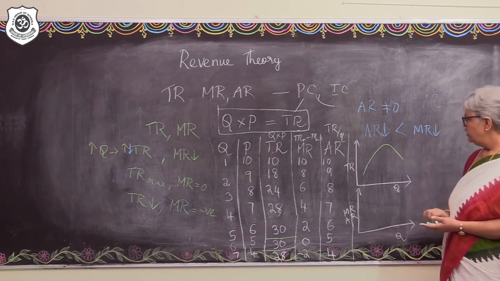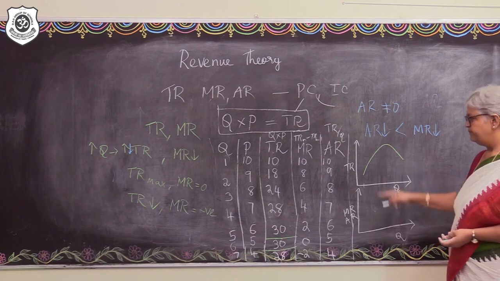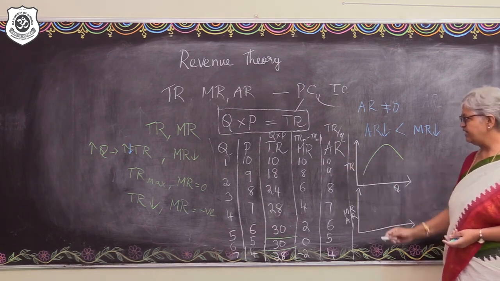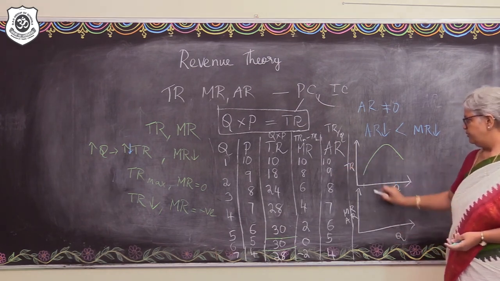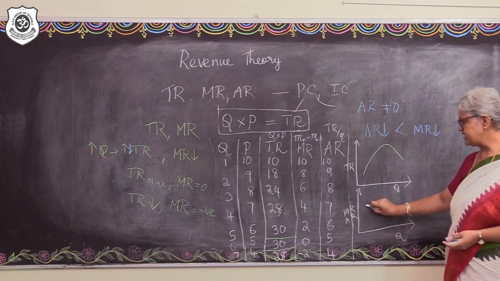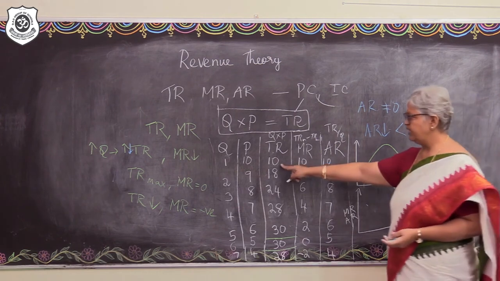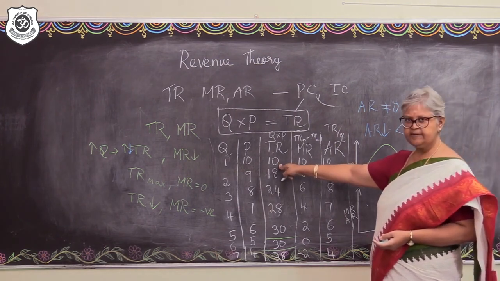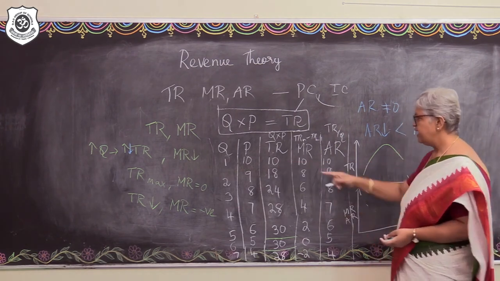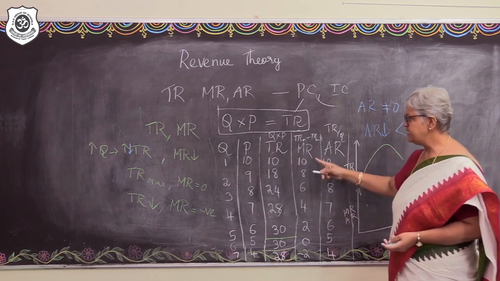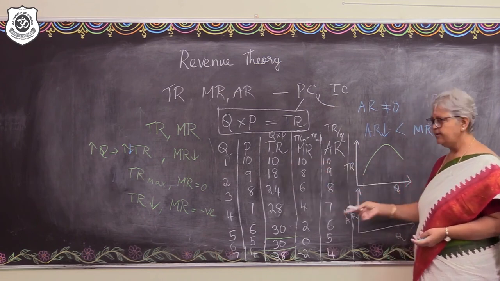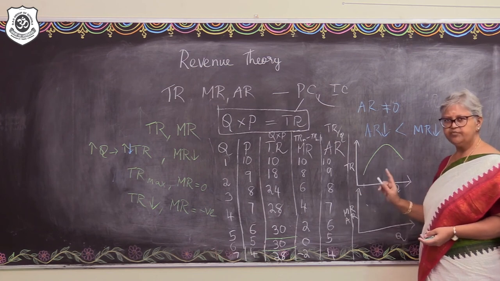So what about the marginal revenue and the average revenue? Marginal revenue starts at the same point where the total revenue starts. And then total revenue is increasing, marginal revenue is falling. Average revenue is also falling.